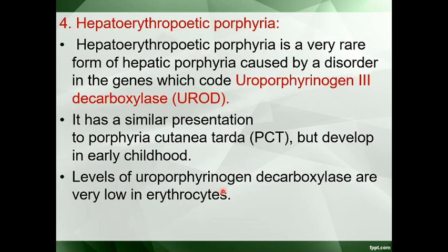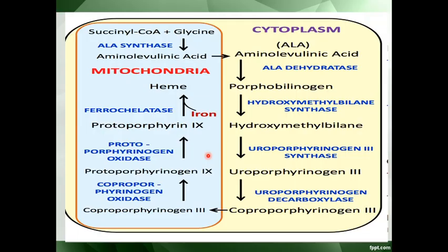Levels of uroporphyrinogen decarboxylase are low in the erythrocytes. Here you can see the uroporphyrinogen 3 decarboxylase, which converts uroporphyrinogen 3 to coproporphyrinogen 3.